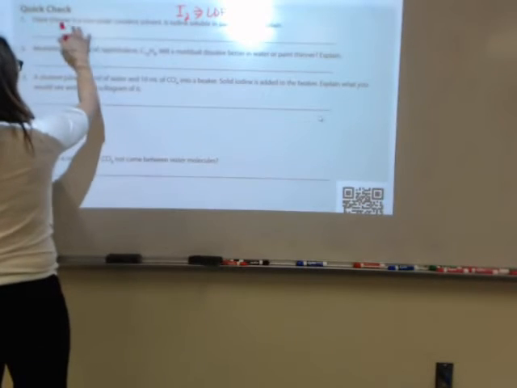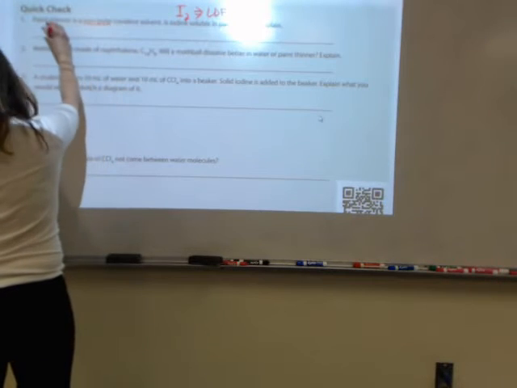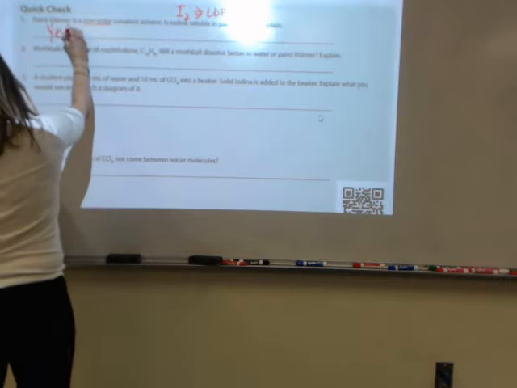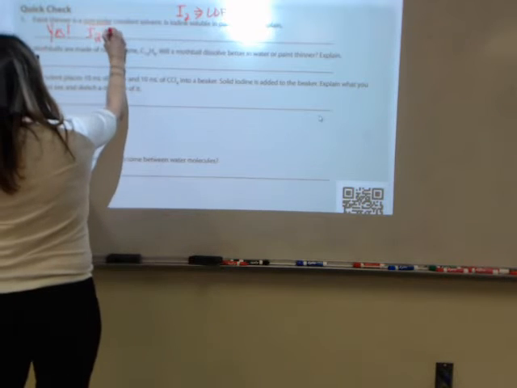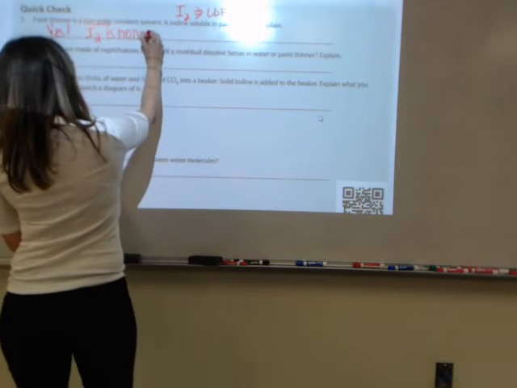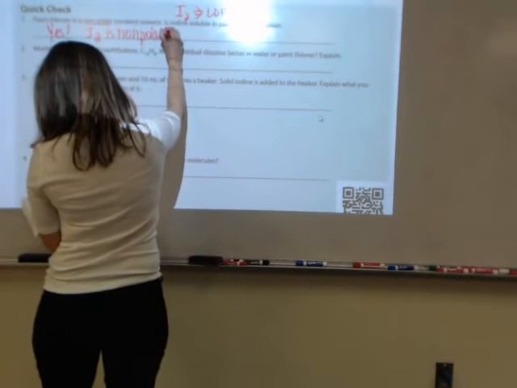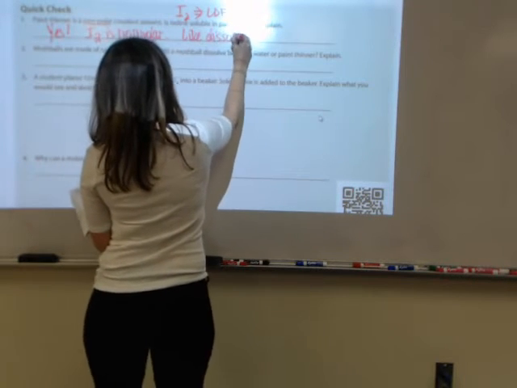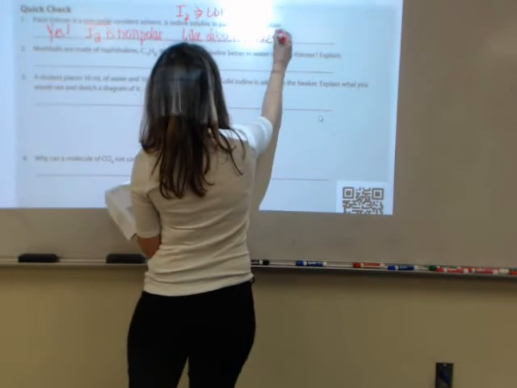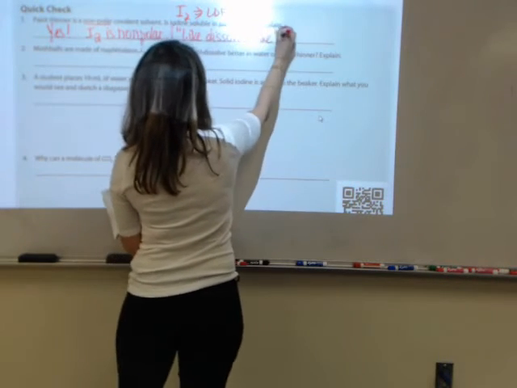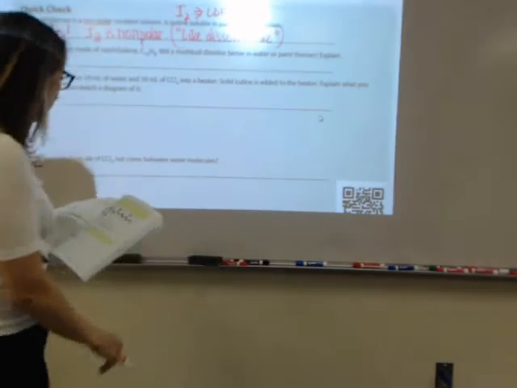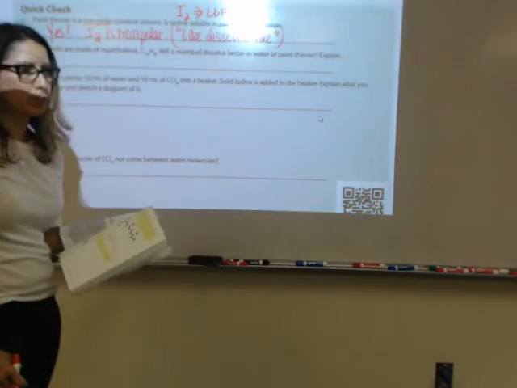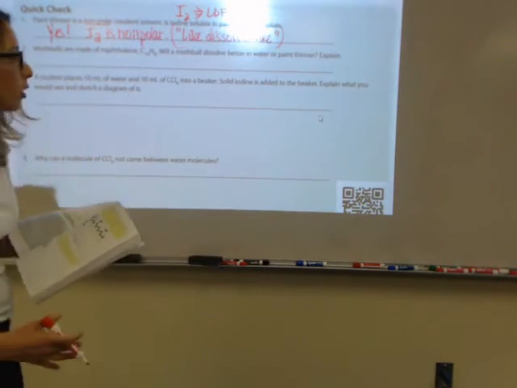So does the paint thinner because it's also nonpolar. So that means yes, I2 is nonpolar. So that means that like dissolves like, okay? If you ever go on to take AP chemistry, they will never accept like dissolves like as an explanation for things mixing with each other, so don't ever use it, okay?